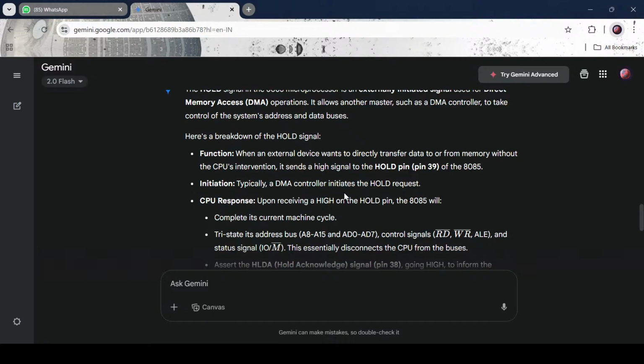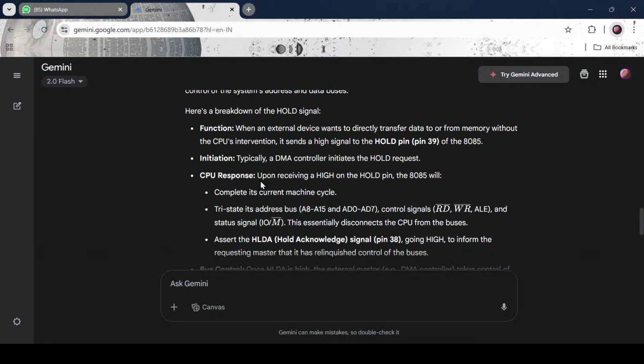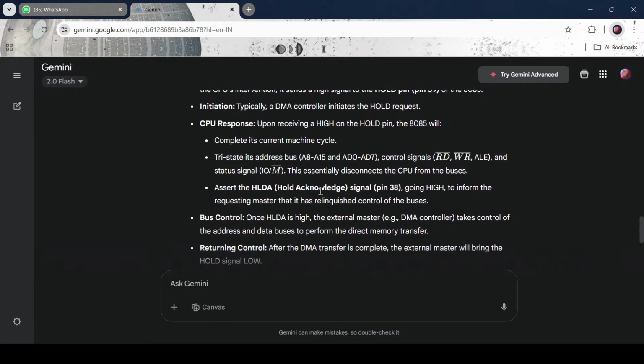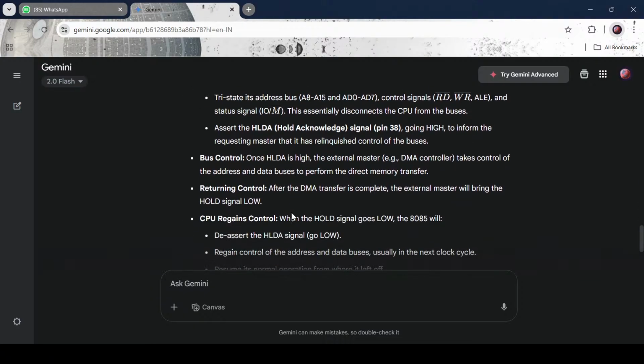Typically, a DMA controller initiates the hold request. The CPU responds, but the CPU still gets the notification. Upon receiving a high on the HOLD pin, it completes the cycle, tri-states the bus, and sends HLDA, hold acknowledge, going high to inform the requesting master that it has control of the bus. Once HLDA is high, the external master, DMA, is now the alpha and controls the address bus to perform the memory data transfer.